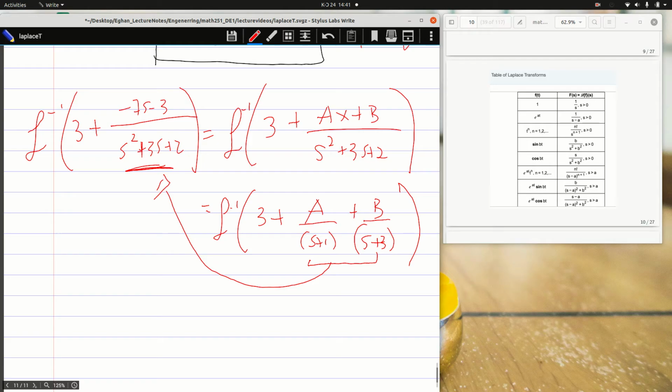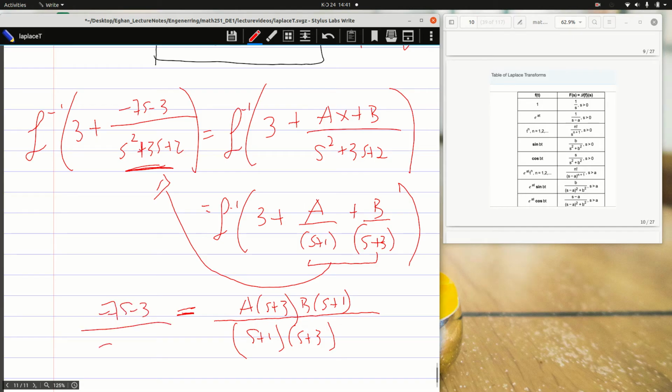Okay, so let's see. Which ones am I comparing? My 3 is standard. So I have the LCM to be s plus 1, s plus 3. It means a is going to take s plus 3, and then b is going to take s plus 1. My 3 is already in its right state. I have to find a and b.